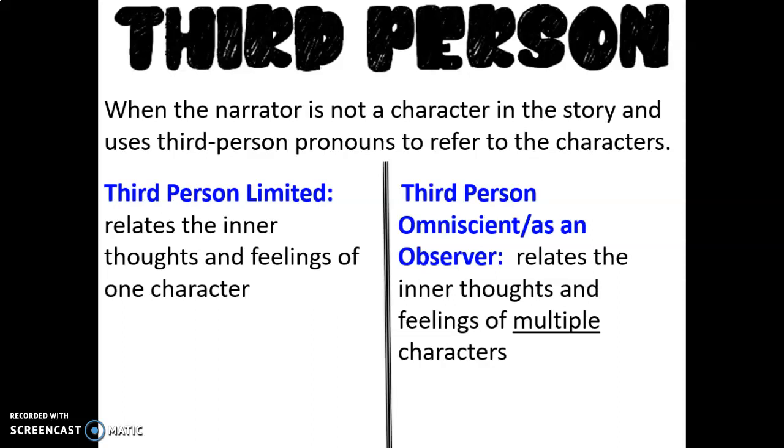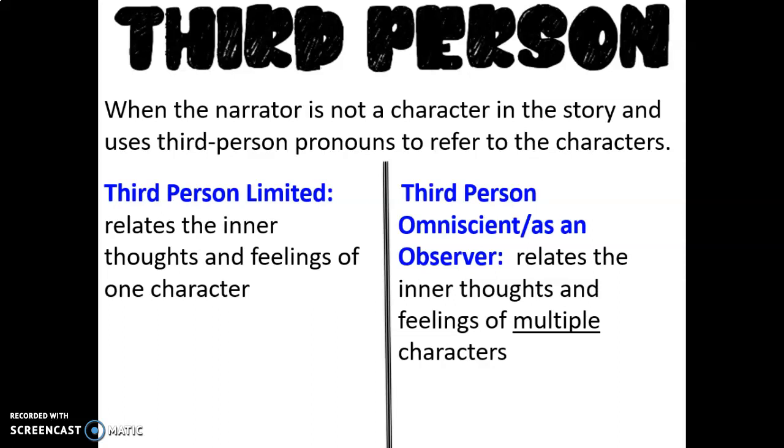Third person omniscient, or as an observer, relates to the inner thoughts and feelings of multiple characters. When a person is omniscient, when they are outside of the whole story looking in as an observer, we can see all different points of view, all different sorts of thoughts that we wouldn't know if we were just limited to one character.